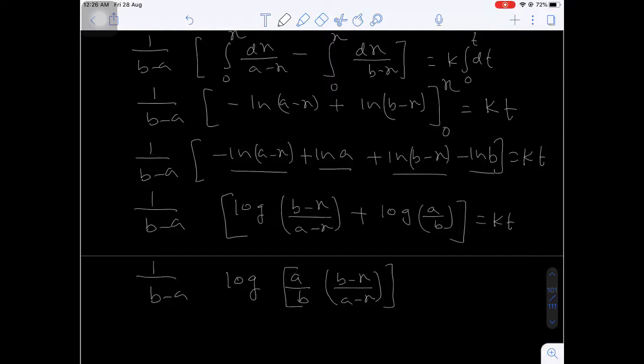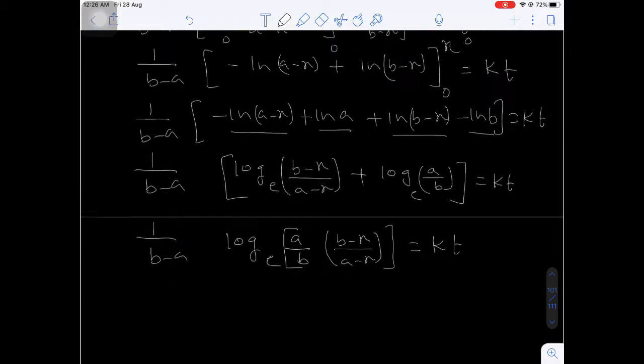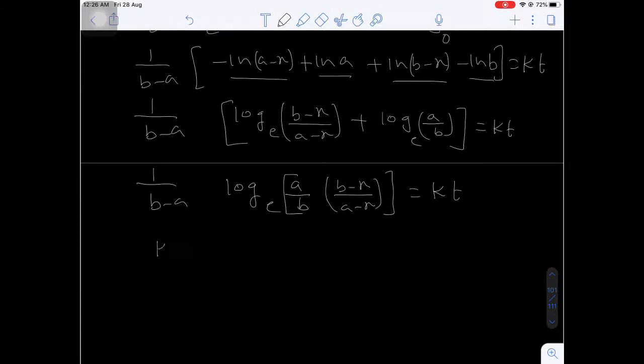Are you getting my point? Now this will be the base e value, will be equal to k times of the t, where k will be equal to 1 by t into b minus a ln a into b minus x divided by b into a minus x.